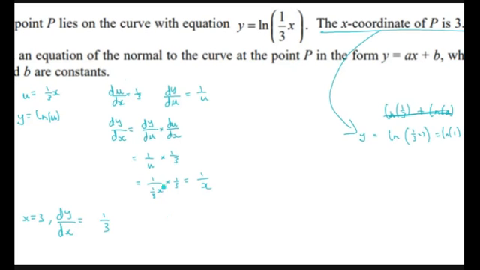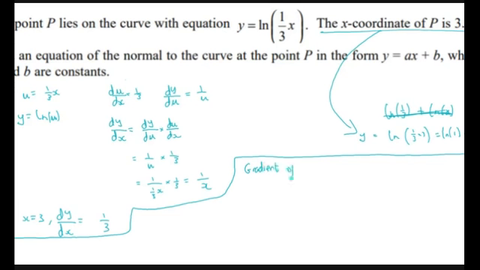So therefore the gradient of the normal is equal to -3. And then we can apply y equals mx plus c. So y equals -3x plus c.